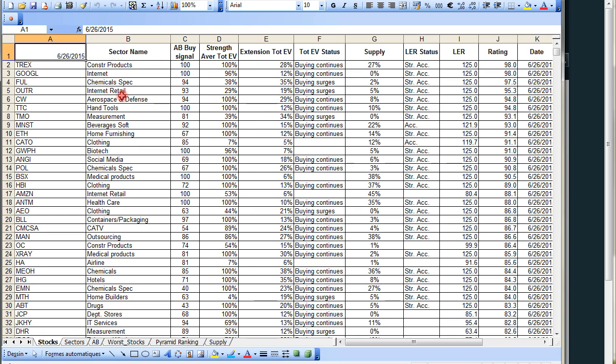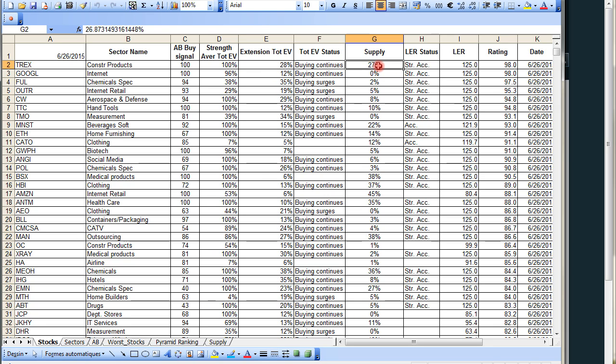Okay, you have the sector name for each stock, active boundary signal. When it's high, it means that the stock is close to the lower boundary, so it means that it's a good spot to buy. That is here the strength of the total effective volume, the extension, so how much buying is coming into the stock.